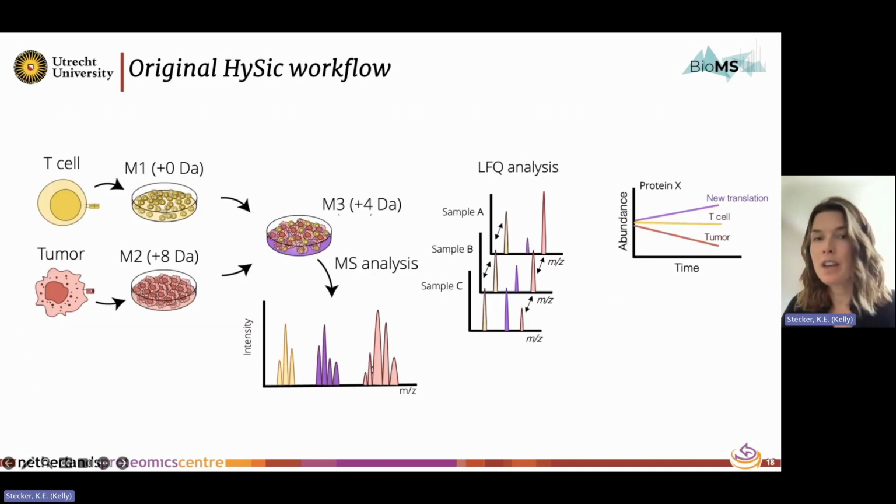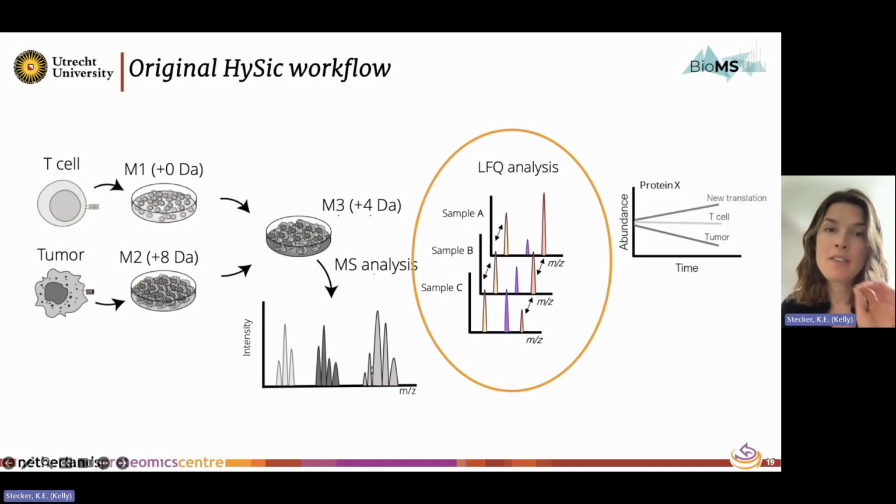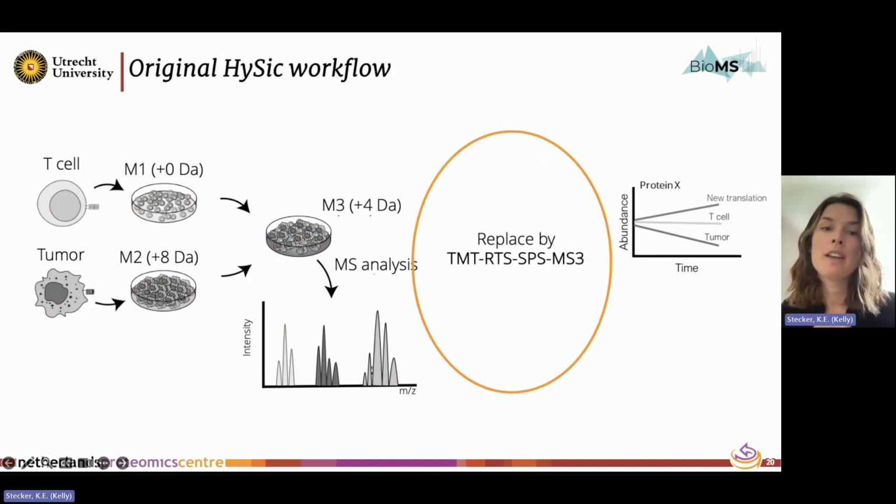So what we did here is, if we return to our original high-seq workflow, where we first metabolically label our tumor cells, and then we co-culture them with T cells in the presence of an intermediate SILAC label, we extract these three unique SILAC signatures and follow their presence over time using LFQ. So here, instead of LFQ, we're going to use a TMT real-time search SPS MS3 method.